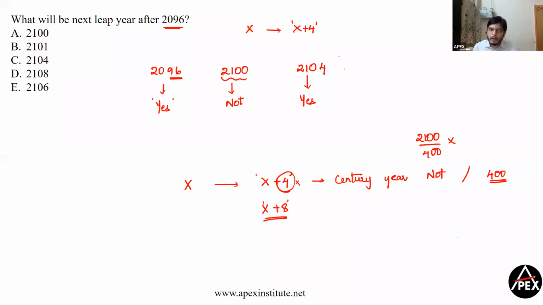Using this logic, the maximum gap between any two leap years will be 8 years. Clear? This was asked in one of the CRT exams: what is the maximum gap between two leap years? Everyone answers 4, but the answer is 8. Any doubts? Quick responses, please.